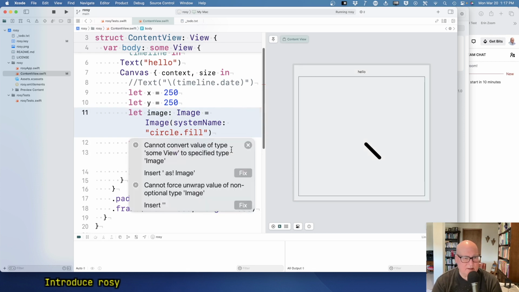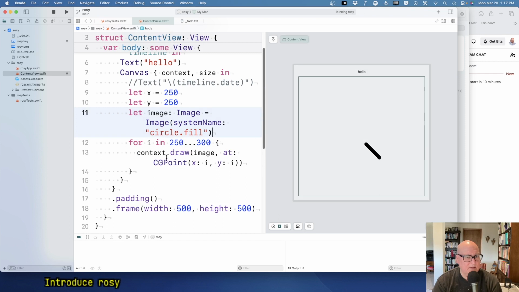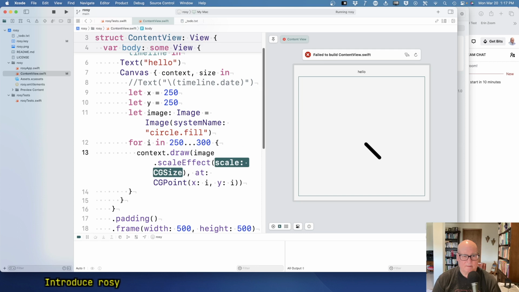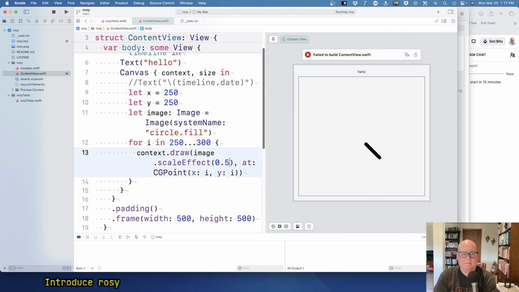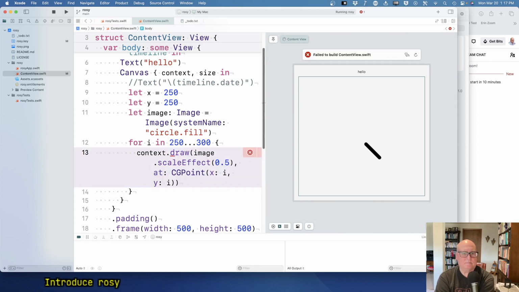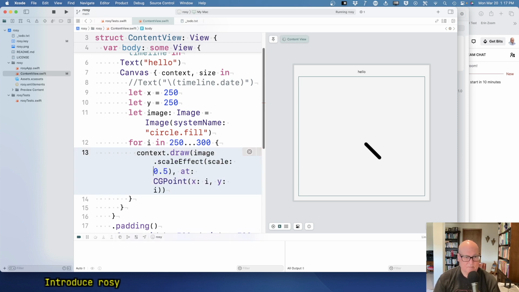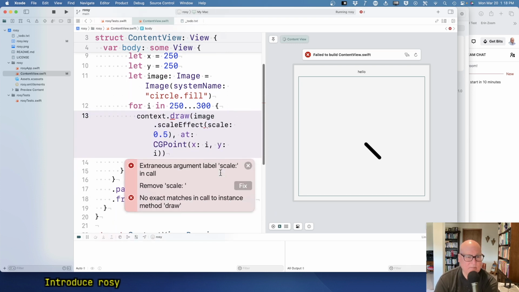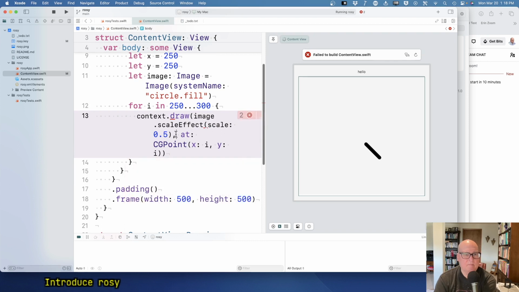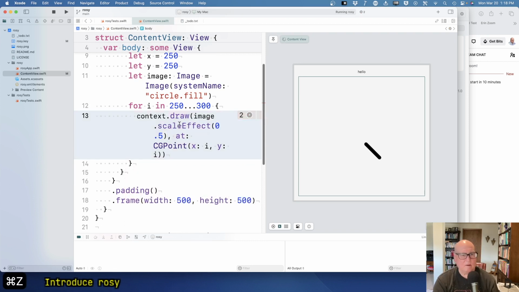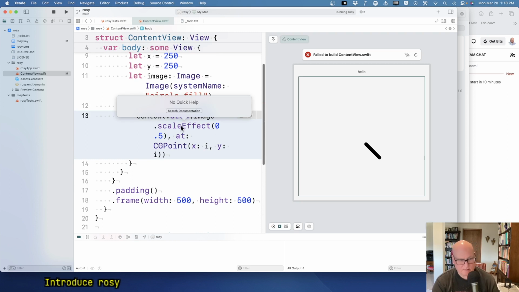Okay, you're happy with that, huh? Good. Oh, what's the result of scale effect?